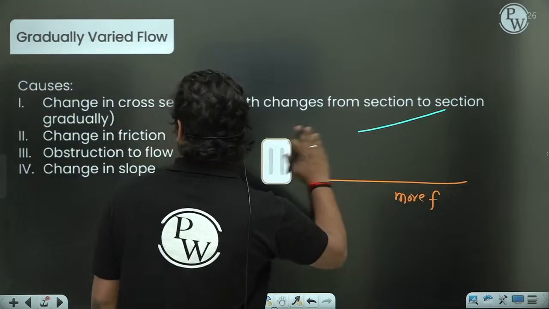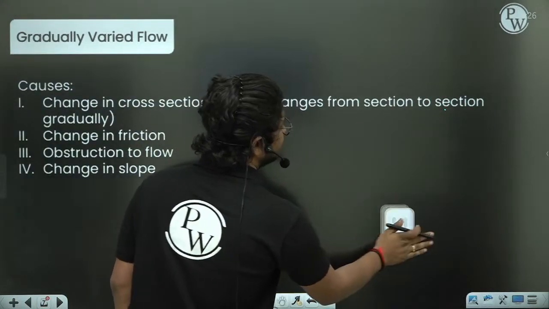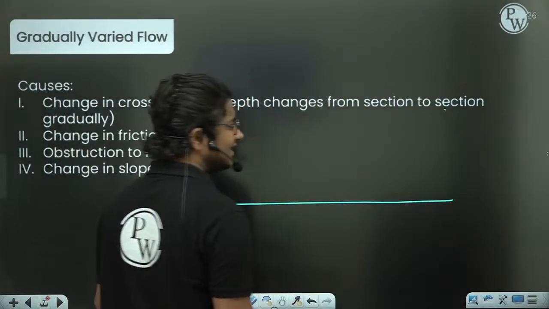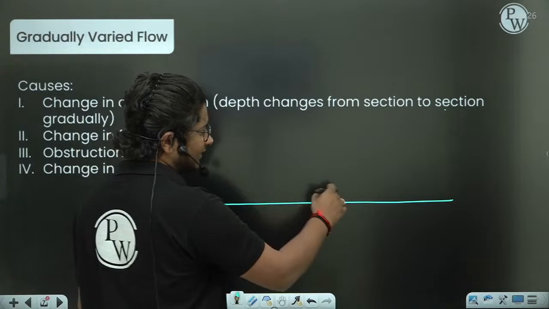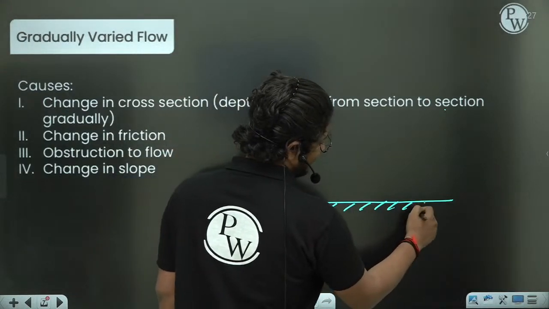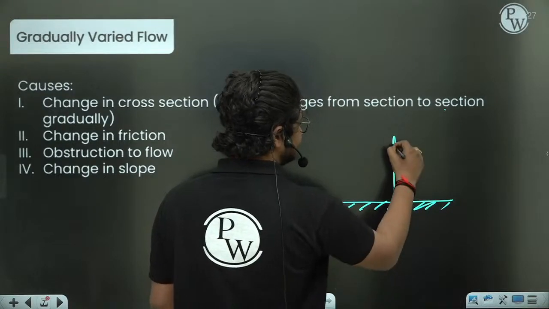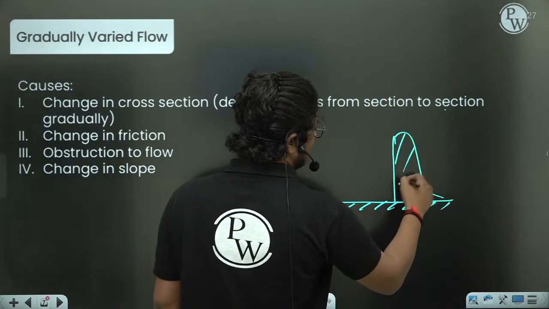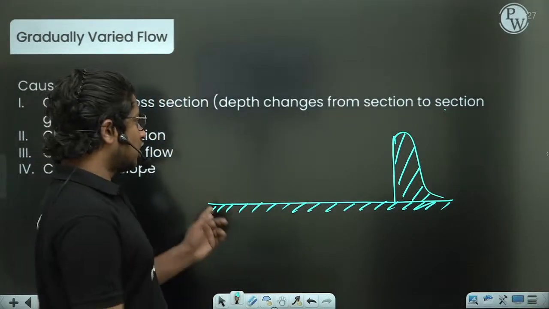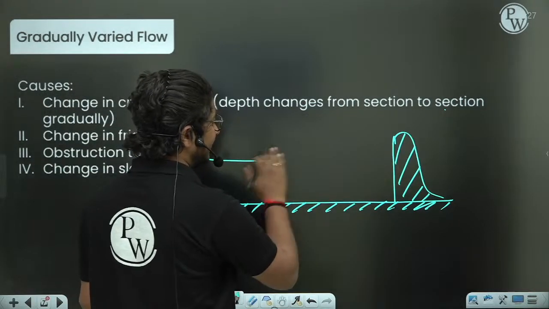Next one is the obstruction of the flow. Obstruction of the flow is like the example of a dam you have seen. This is your channel bottom. This is the dam. Water is coming from this side, the upstream side of the dam.